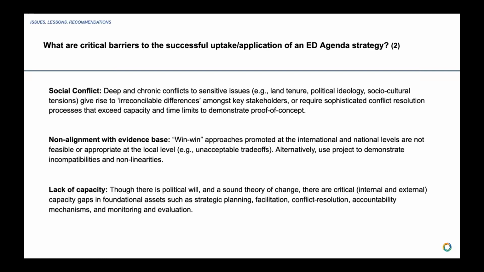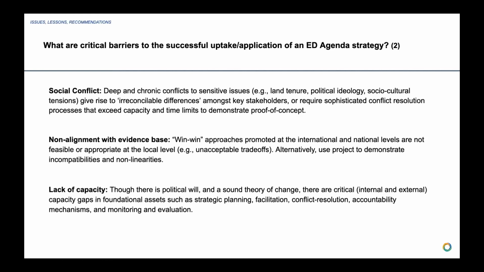There are also situations where there's a non-alignment of these agendas with the evidence base of what works in conservation. So it could be that there are some win-win approaches that are being promoted at the international and national levels, but they're not feasible or appropriate to use at the local level, because they may generate unacceptable trade-offs amongst local actors.